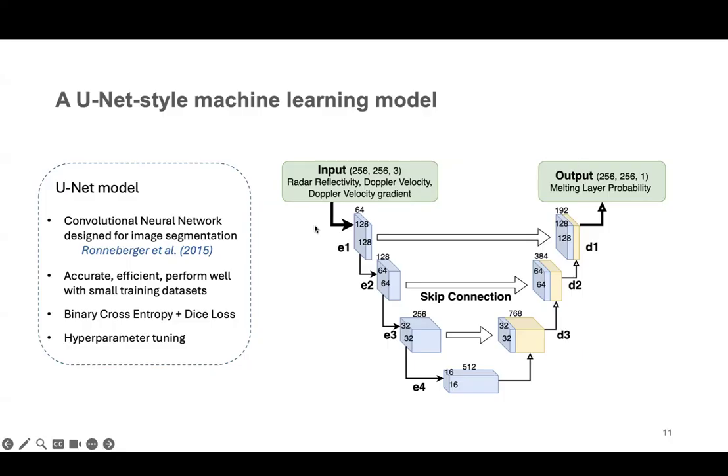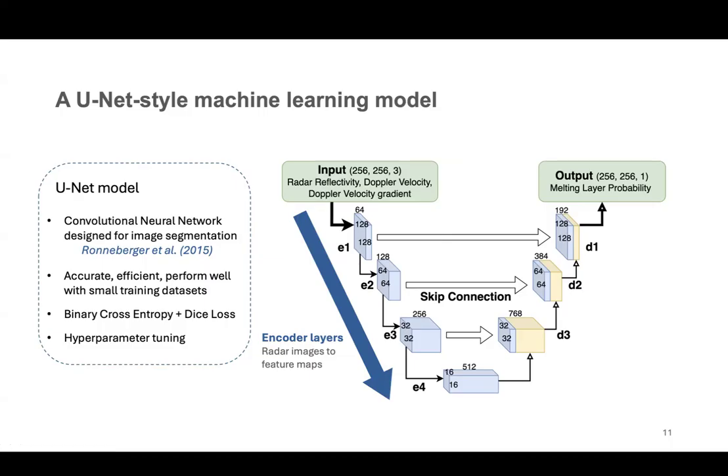So what happens in the training is the radar observations will be normalized and fed as input to the UNet model. This dataset then goes through the downward passing way composed of these encoder layers, which will focus on compressing the radar images by reducing its spatial size, meanwhile increasing its depth, so that the UNet model will be able to extract the feature maps from the observations.